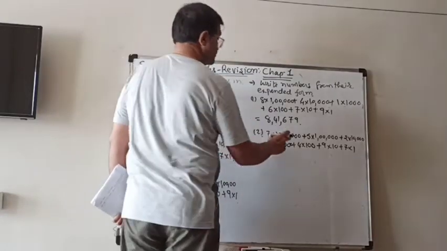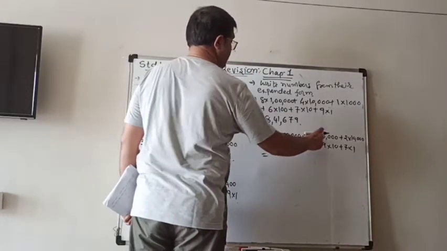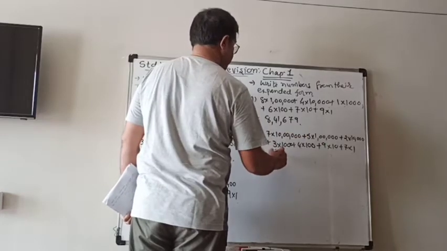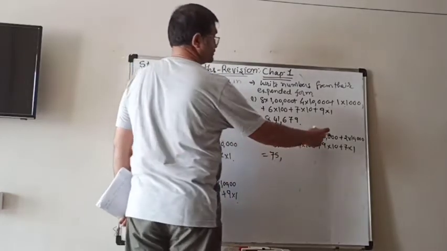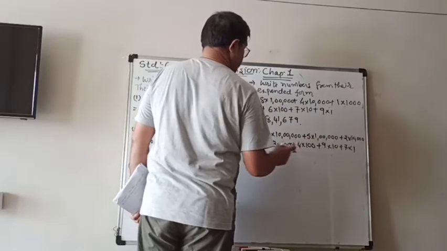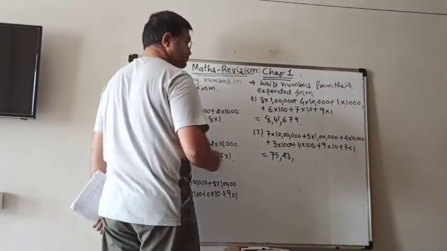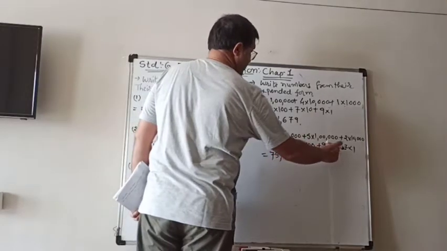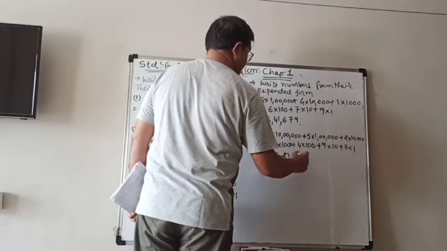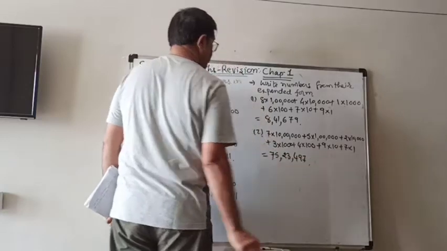So here 70 lakh plus 5 means 75 lakh. 20,000 and another 3,000, so 23,497.